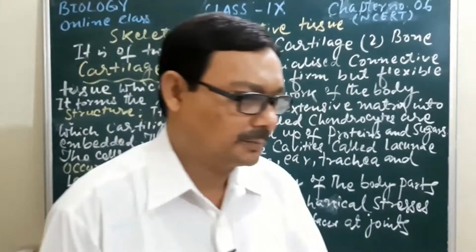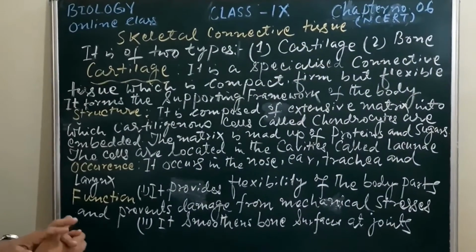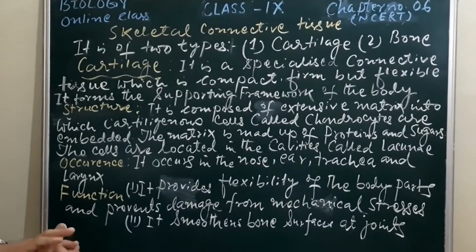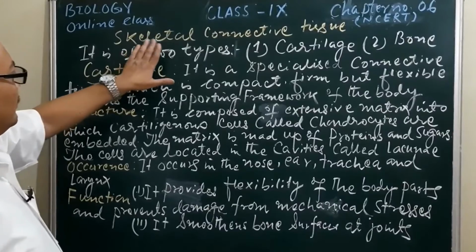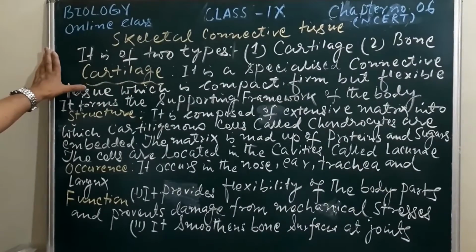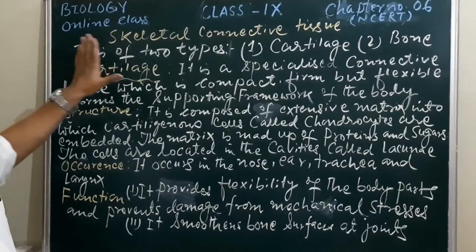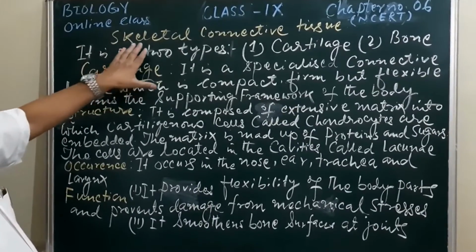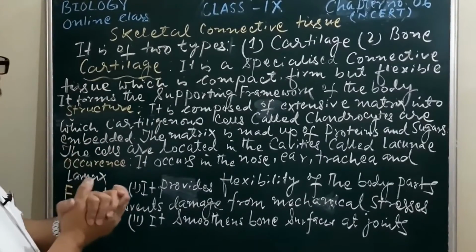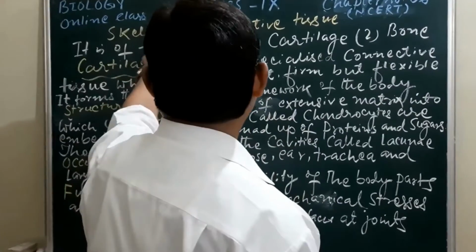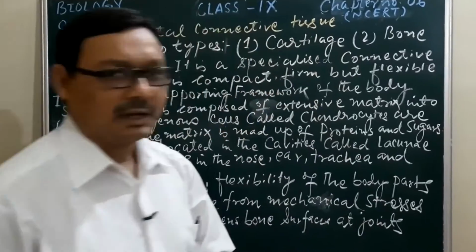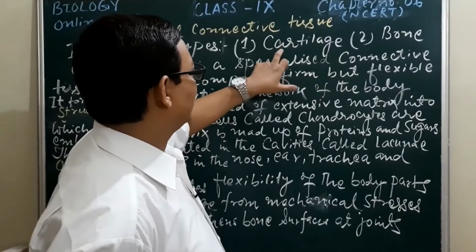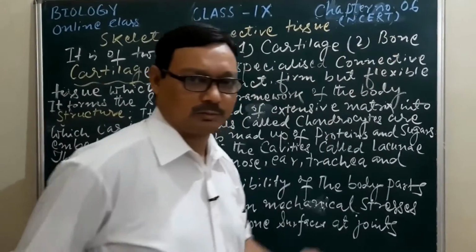Good morning, students. We are in the second part of connective tissue. In the first part, we discussed the connective tissue proper, and the second important category of connective tissue is skeletal connective tissue, in which there are two tissues: number one, cartilage, and number two, bone.